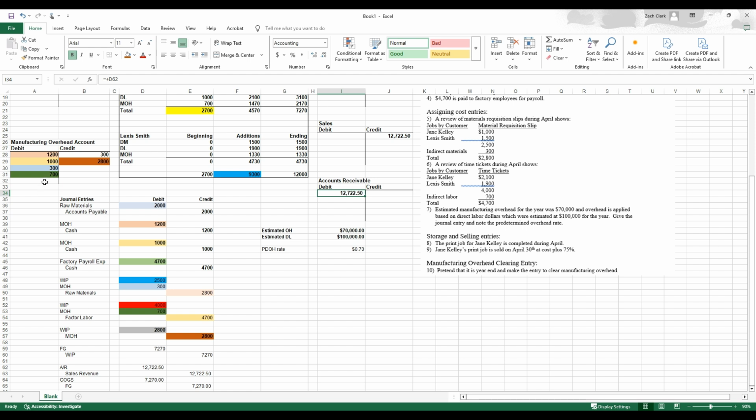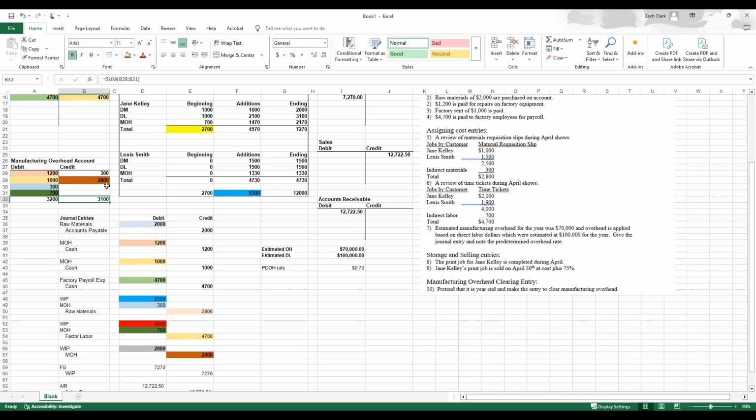So now let's look at our manufacturing overhead account and sum up the debits and credits. Our total debits are $3,200 for what we actually spent in overhead. And our total applied amounts, our credits, we have an applied balance of $3,100 to manufacturing overhead.